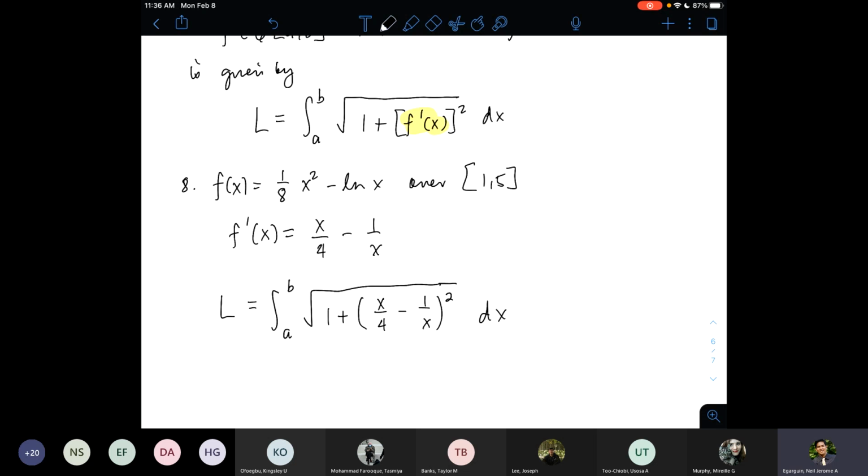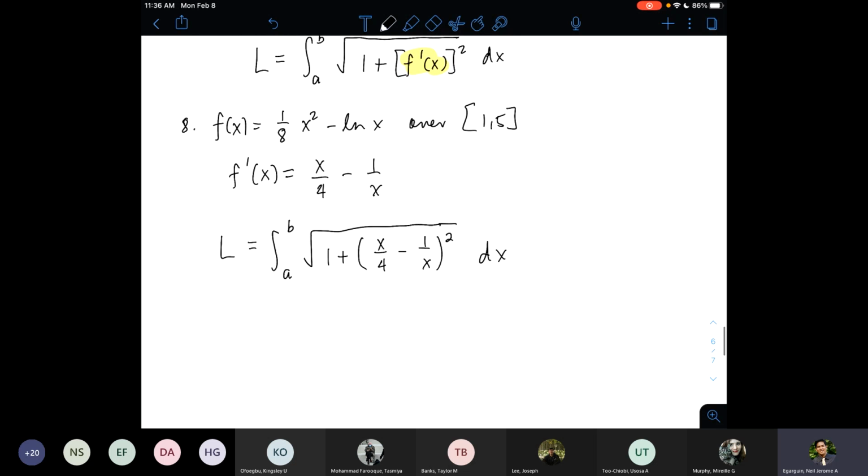And that's it. If you want to have the exact arc length, then all you need to do would be to evaluate this integral. Oh, sorry, the bounds are not a to b. I know exactly what a and b are. This would be 1 and 5 respectively. Okay. I don't think you will have a hard time doing this.